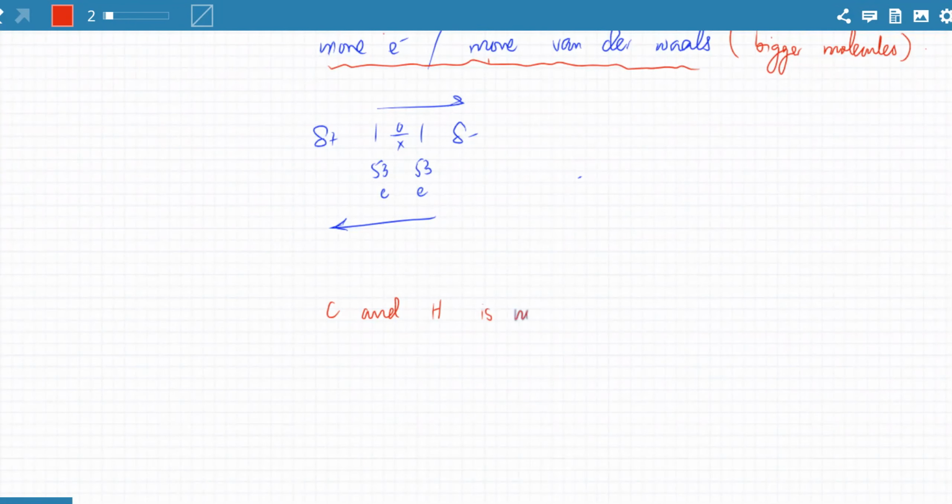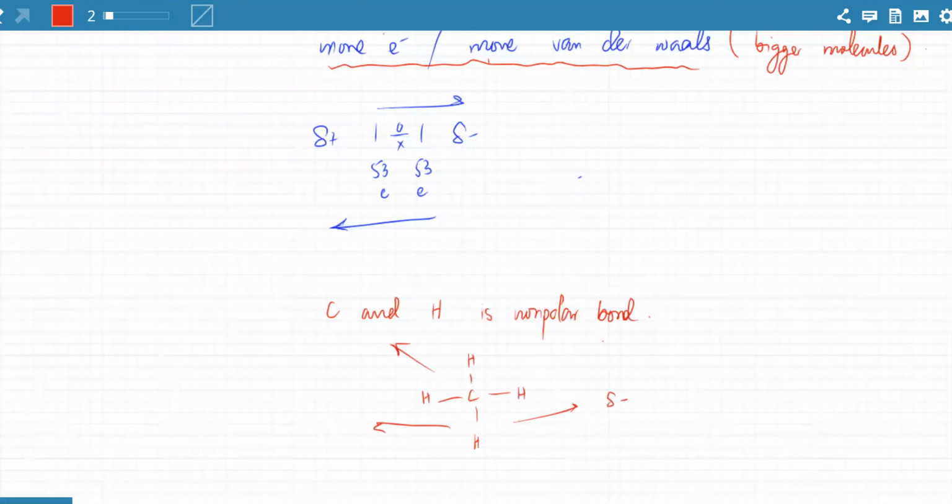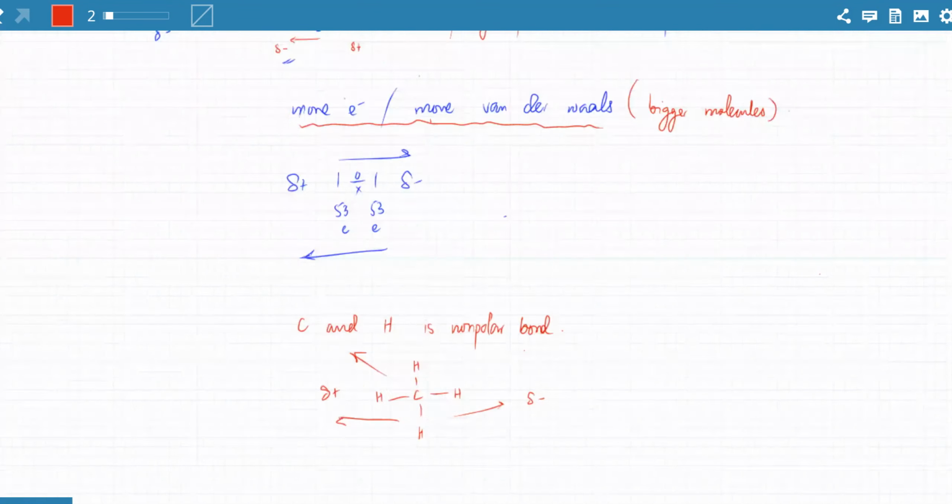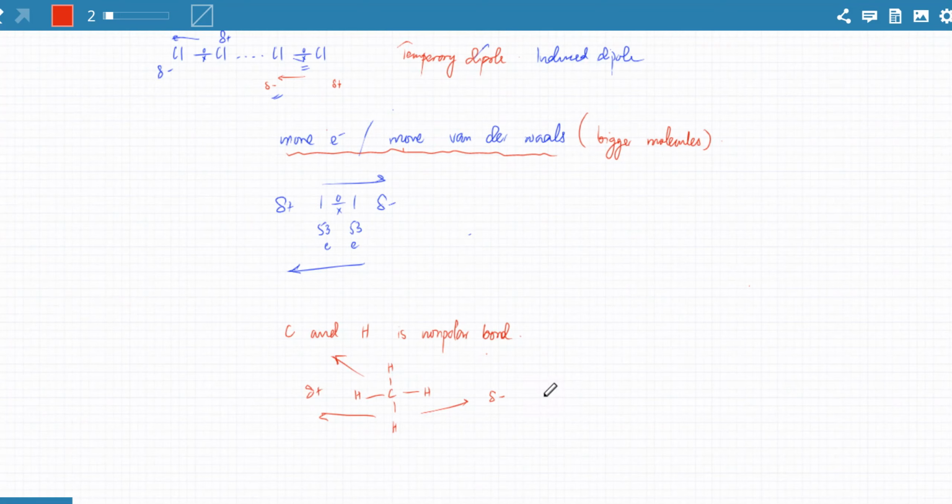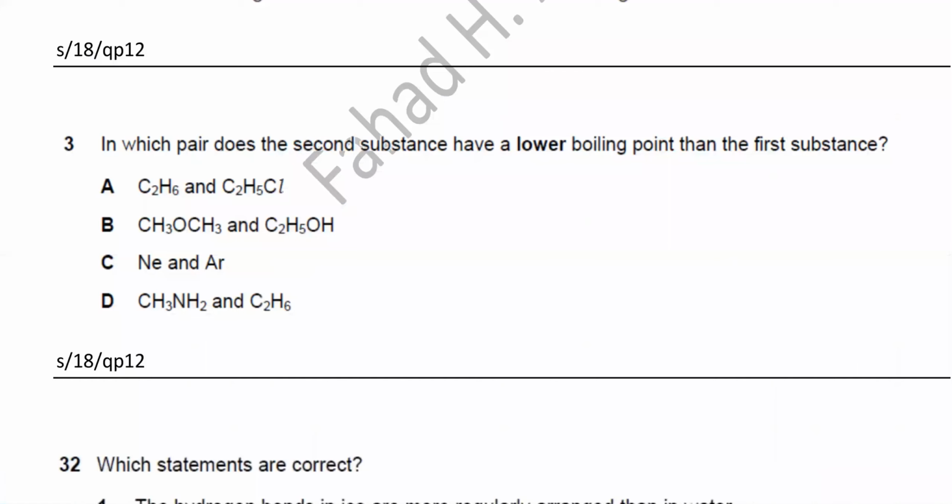They're not going anywhere. So again, it's going to be just fluctuating temporary dipole. Electrons getting knocked to one side, then maybe getting knocked to this side. Sometimes this side is negative, this side is positive. Sometimes the other thing happens. So a C-H bond is non-polar, and they would have partial positive, partial negative charges on them. So this is van der Waals forces, right? Is this clear? Yes, sir.